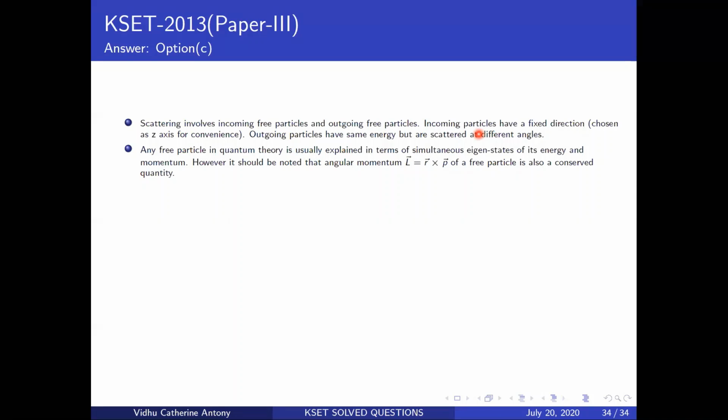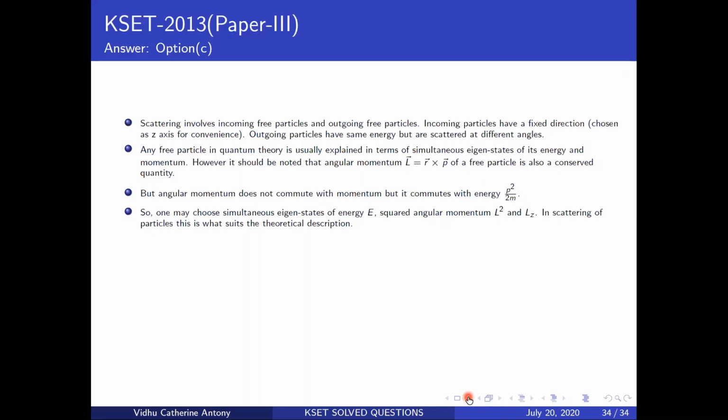But here you have to note that your angular momentum L, which is R cross P, for a free particle is also a conserved quantity, not just your energy and momentum, but also your angular momentum.